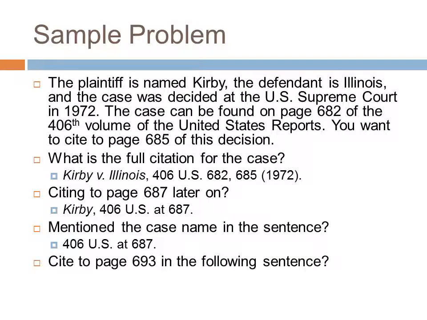Now, finally, what if, after the very next sentence, you want to cite to Kirby again, only this time to page 693 of that case? Then you would write id at 693.